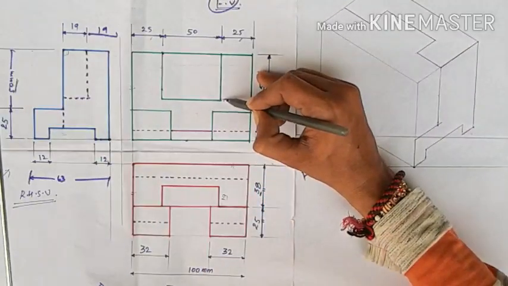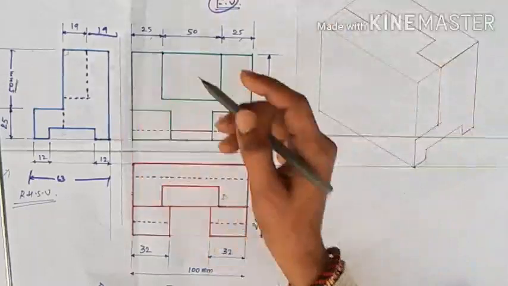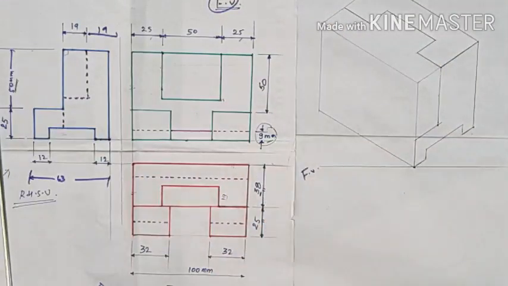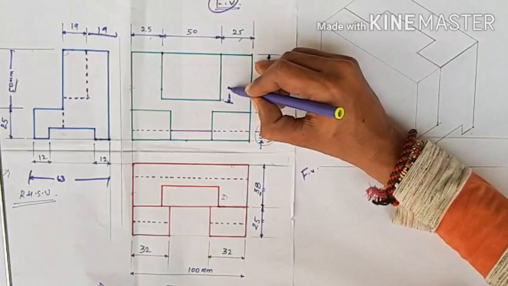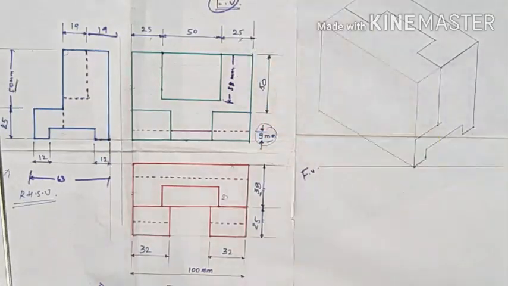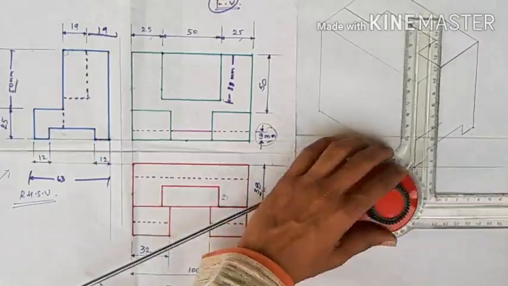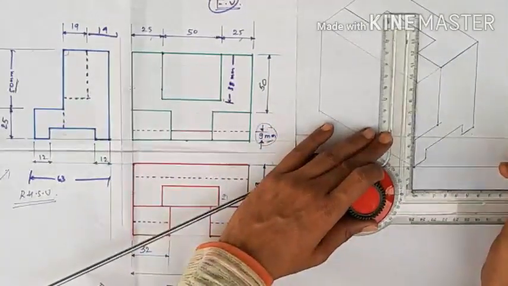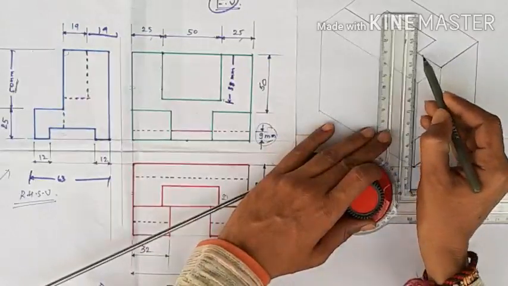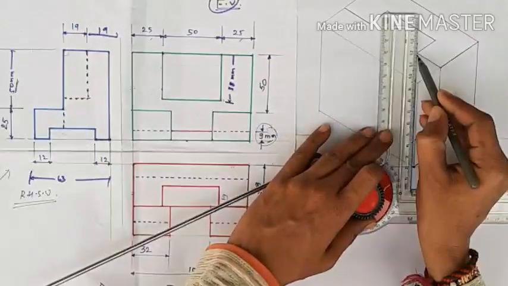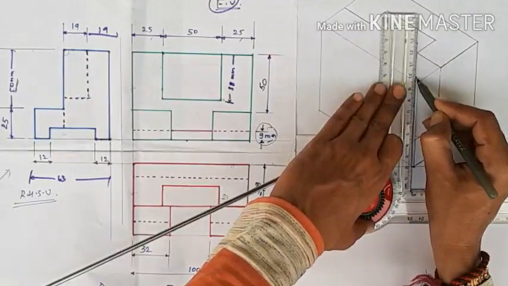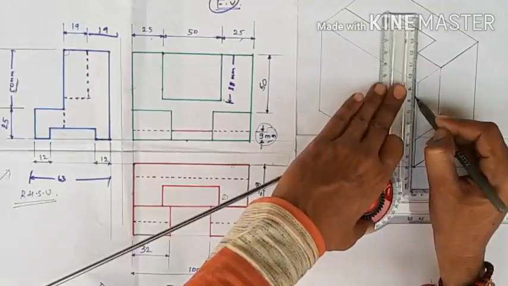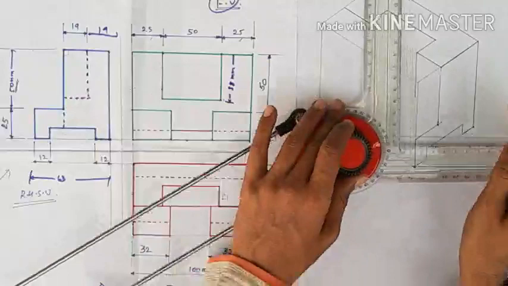So this is again 38 mm, and again we are not making a dimension here, so here this is your 38 mm. So now from here we draw a 38 mm line below it.